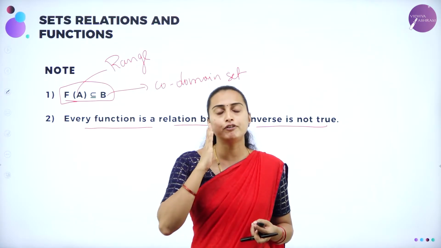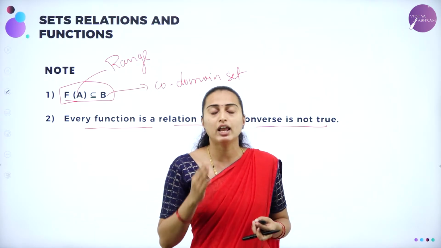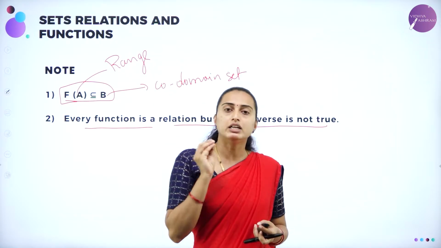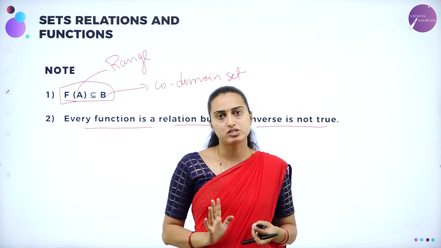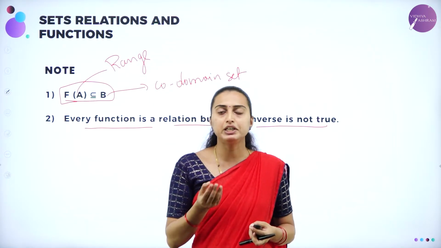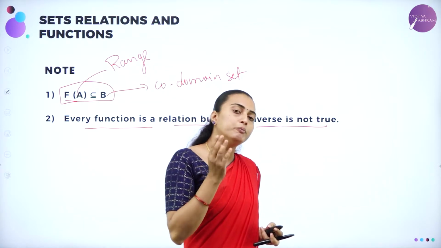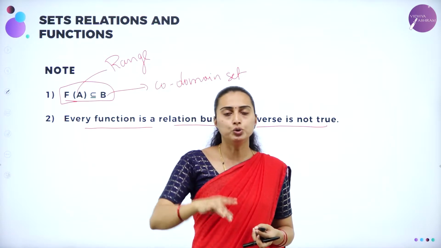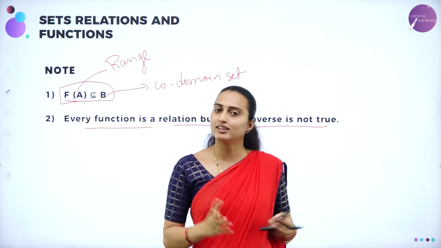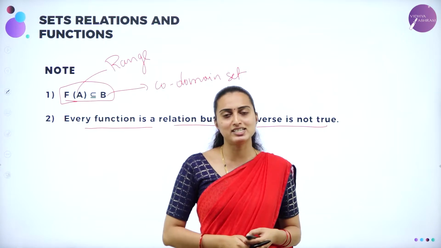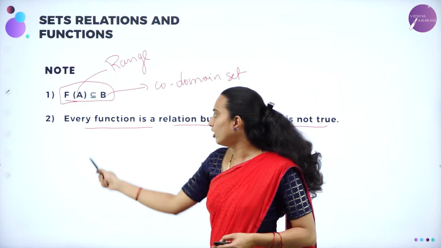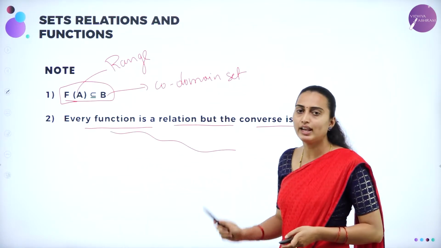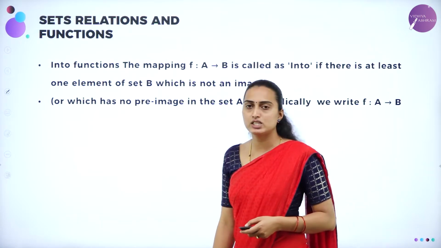Therefore, every function must be a relation. Relation may or may not be a function. That is an example I have given. If you have relatives, you may or may not celebrate a function. If you are having a function, you must call the relatives. That is a simple example to understand this sentence. Understood? Yes. Okay, we'll move on to the next one.